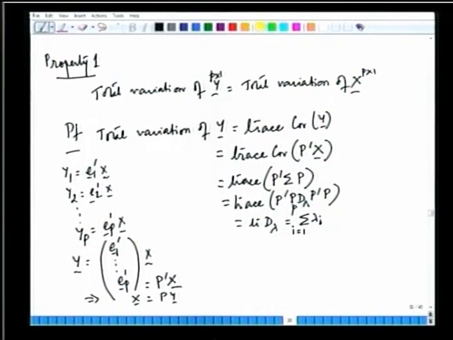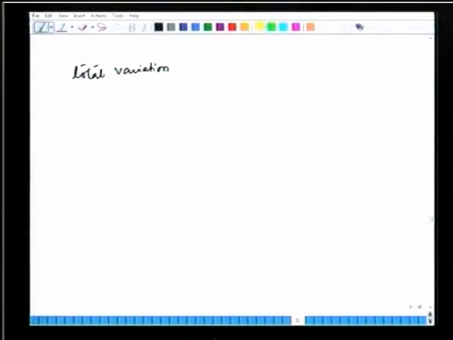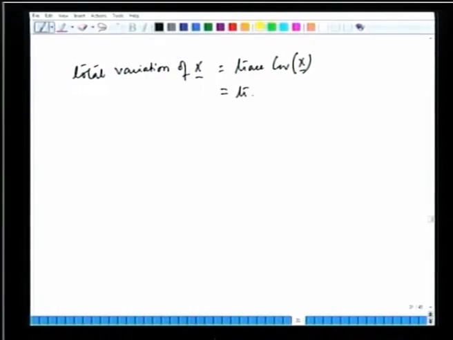And what is total variation of x? Total variation represented by the original data, that is x. By definition it is the trace of the covariance matrix of x, which is the trace of sigma, and the trace of sigma is nothing but the trace of P D lambda P prime.